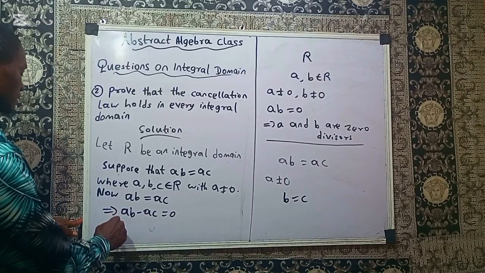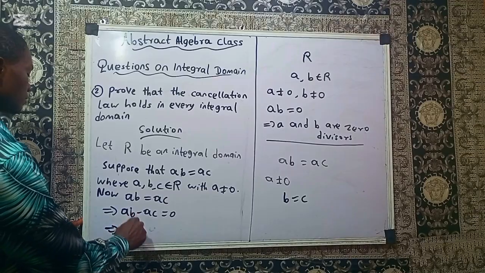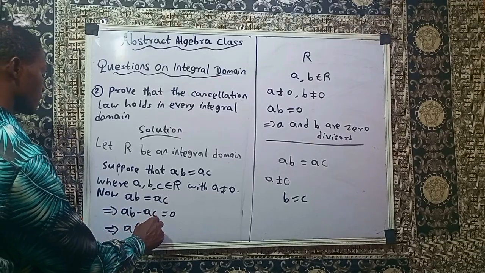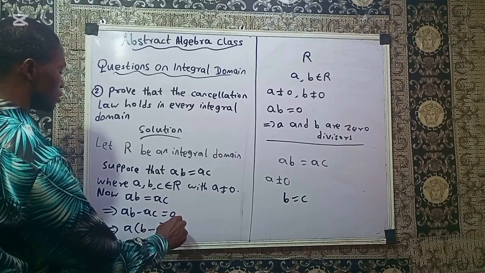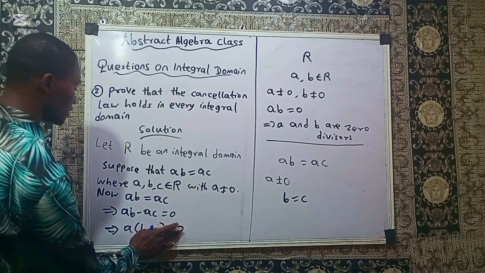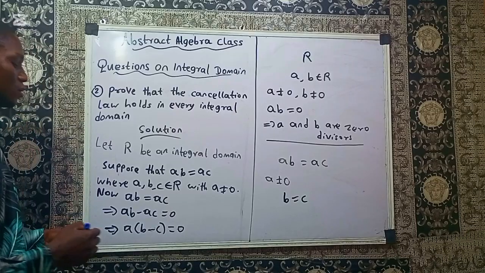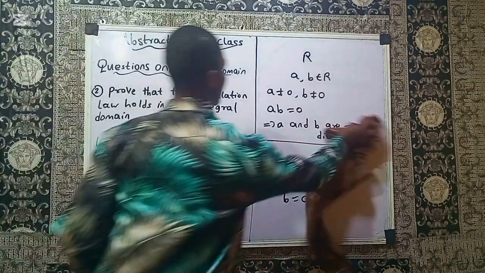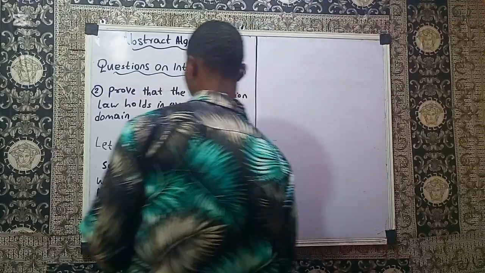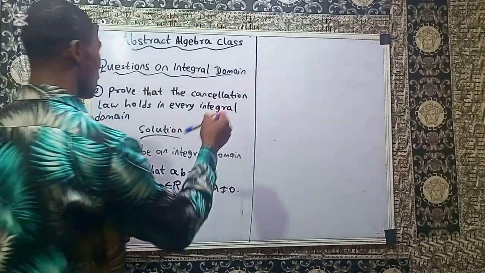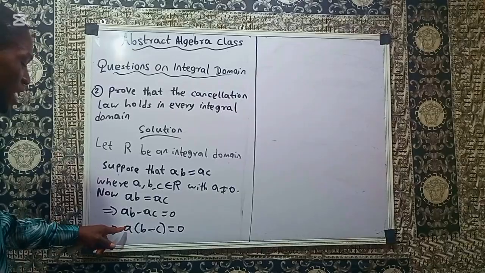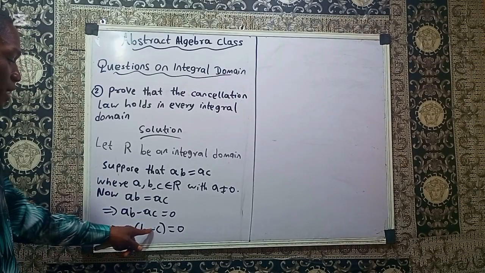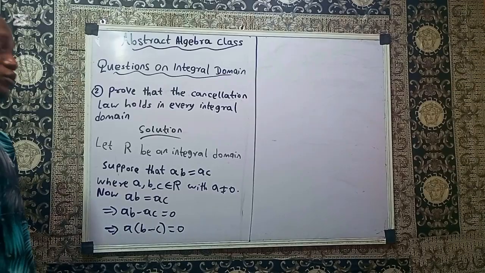This implies that a times (b minus c) is equal to 0. This we did by factorizing a.